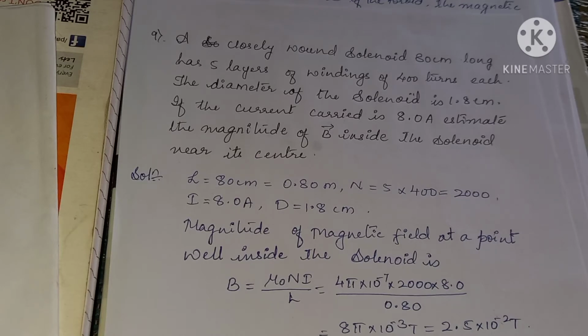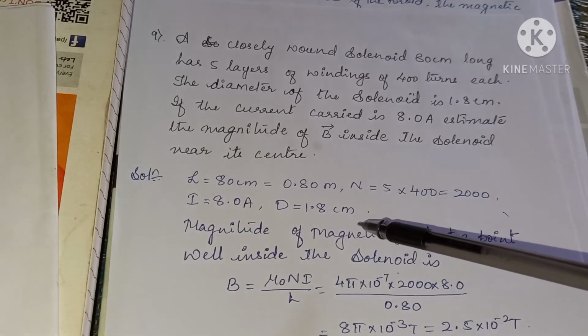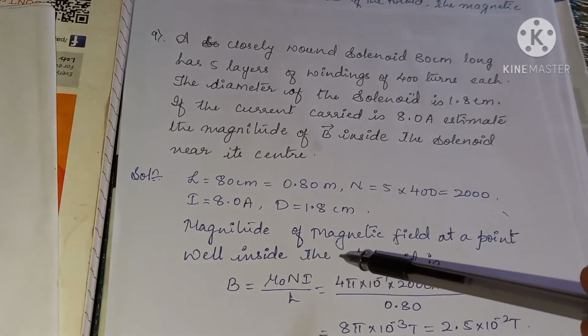L equal to 80 centimeter, convert that into meter, 0.8 meter, and N equal to 5 layers and the windings is 400. So 5 into 400 is 2000. And here I equal to 8 ampere. D is diameter, 1.8 centimeter.